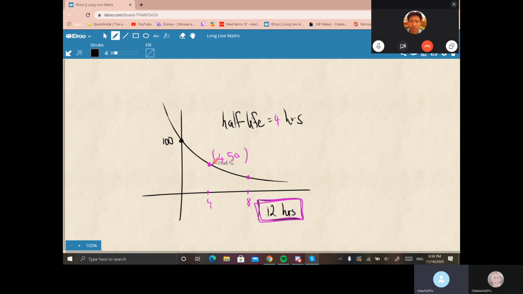Chelsea, if you're currently weighing 50 kilograms as a person, and then 4 hours later you lose half of your mass, then what's your mass after 4 hours? After 4 hours would be 8 hours, right? Now another 4 hours. So you are currently here, weighing 50 kilograms. 4 hours later, what will your mass be?